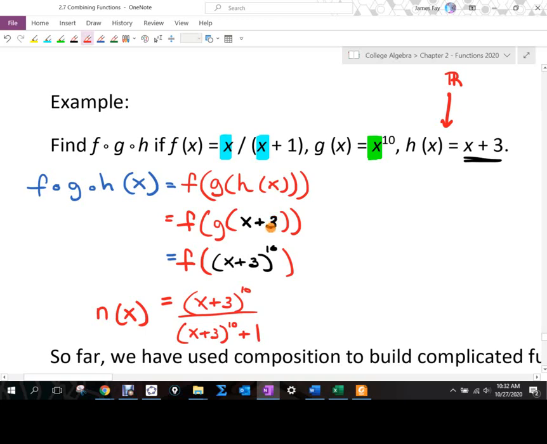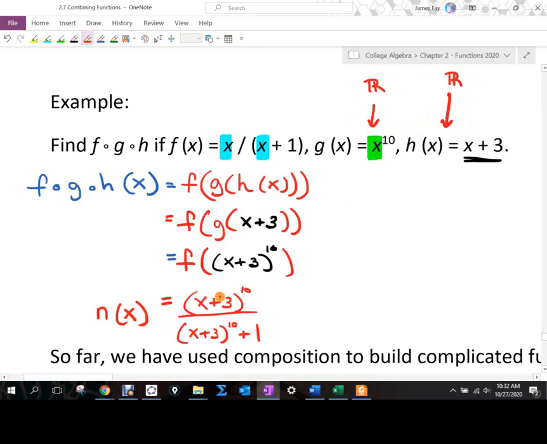But now I've got two inside functions, right? So one, I need the domain to exist for H, but then I need it to also exist for G. But nice thing here about G is that what's the domain for G? All real numbers. Okay? So if there were any issues with either of those, the issues would reside in my new domain down here as well.